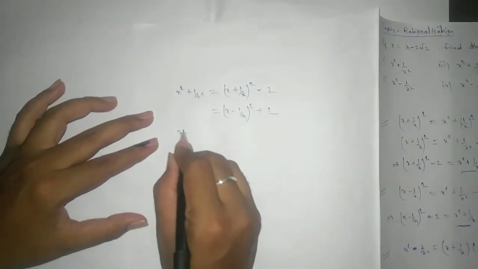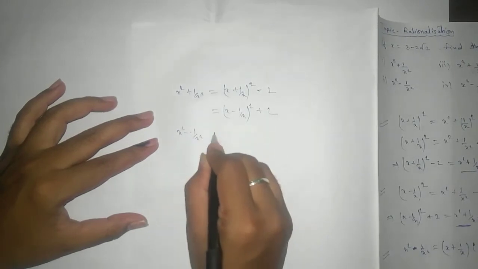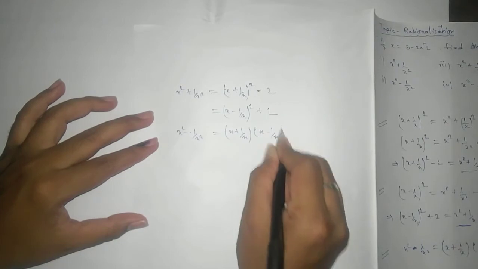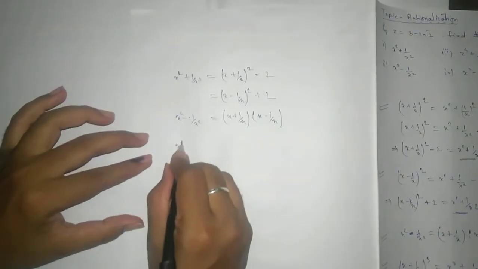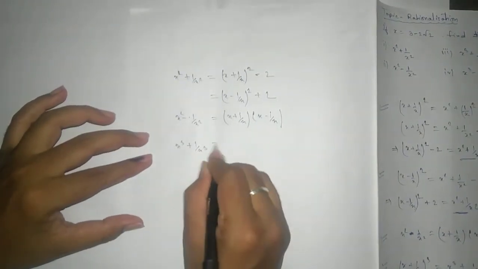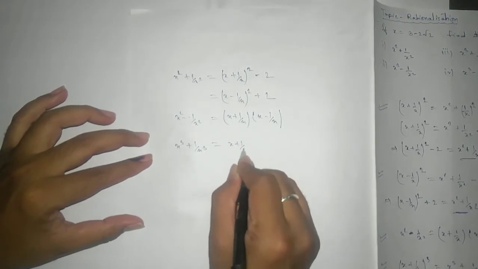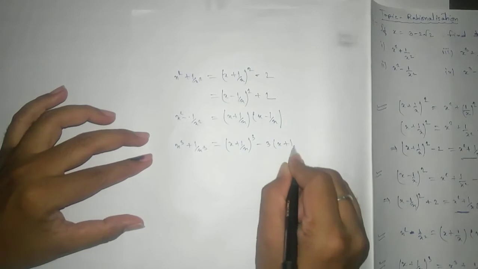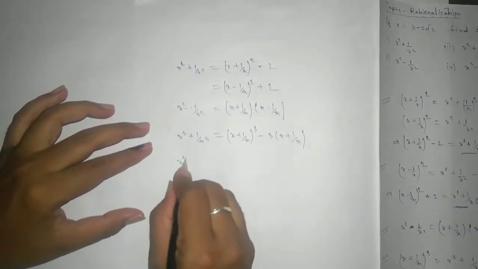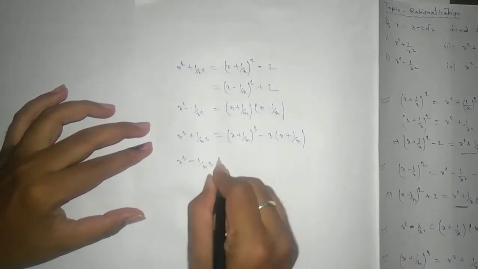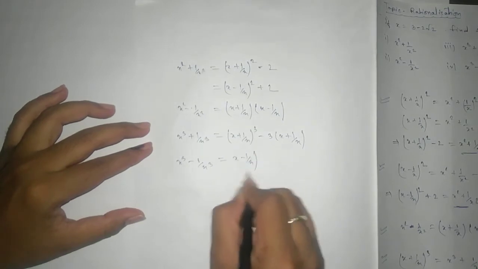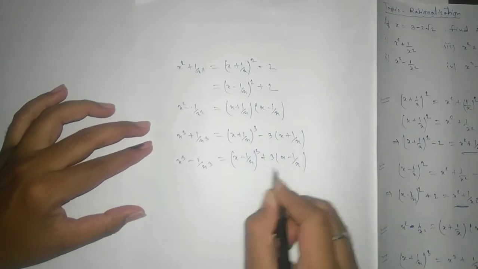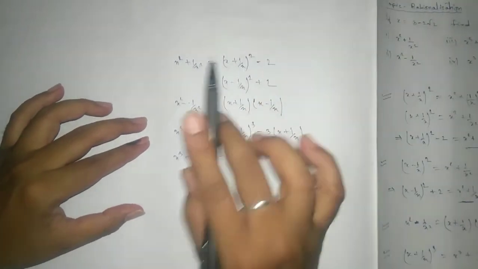For x square minus 1 by x square, we have x plus 1 by x times x minus 1 by x. For the third one, x cube plus 1 by x cube, we have x plus 1 by x whole cube minus 3 into x plus 1 by x. And for x cube minus 1 by x cube, we have x minus 1 by x whole cube plus 3 into x minus 1 by x. That means in each formula you can see one common thing.